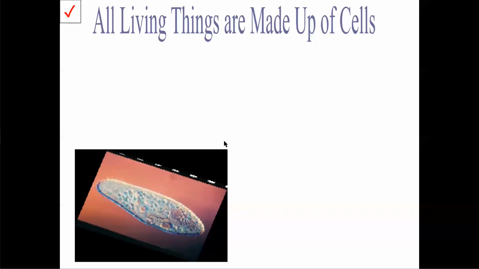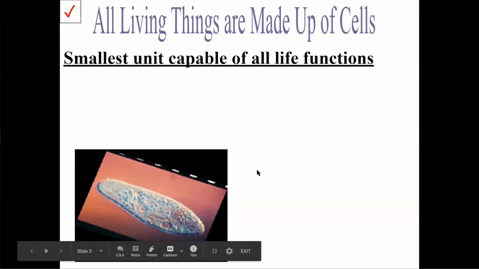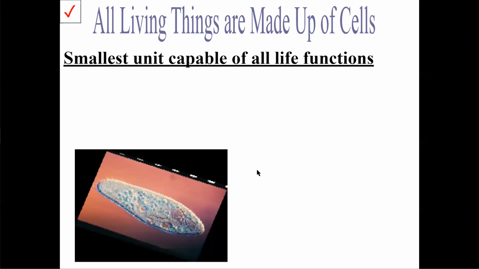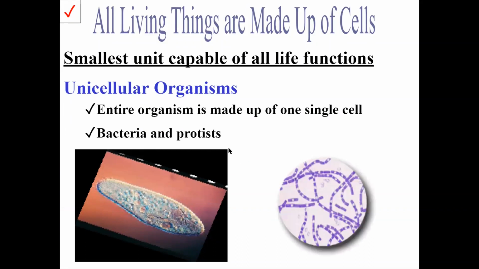So continuing on, we're going to start with cells. Cells are the smallest unit of life capable of all functions. This is because we know that there are some organisms that are unicellular. For example, bacteria. Bacteria are unicellular organisms. They just contain one cell, but they're still able to survive and live. But there are also multicellular organisms.